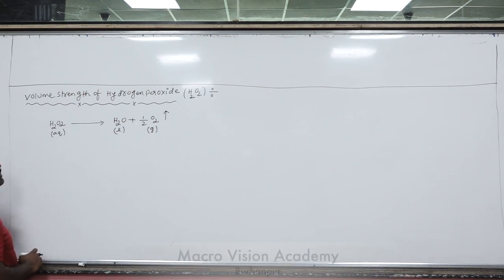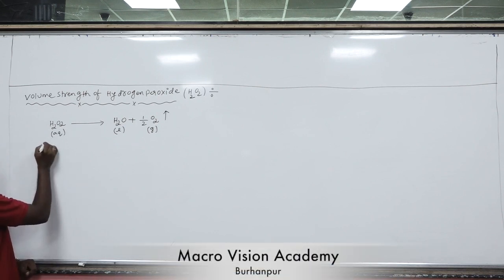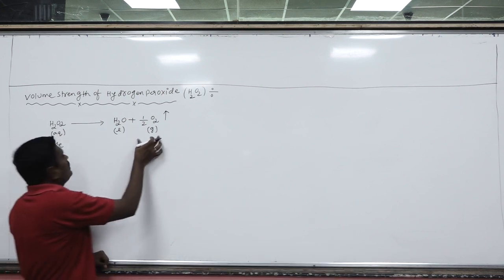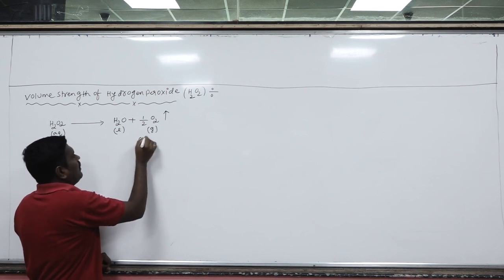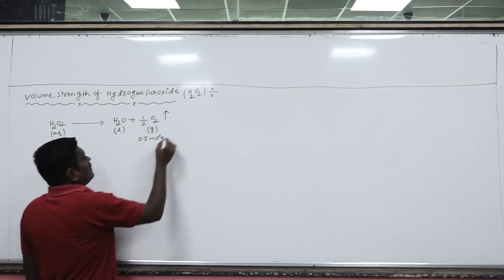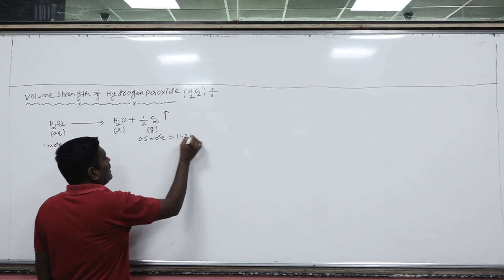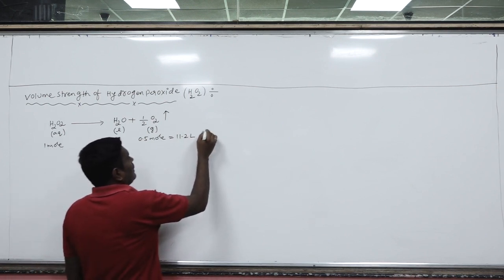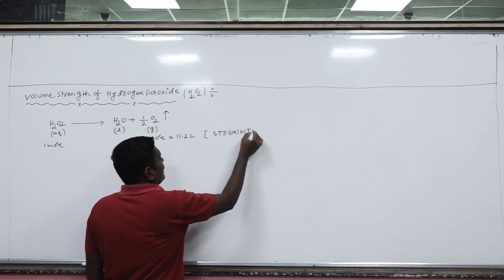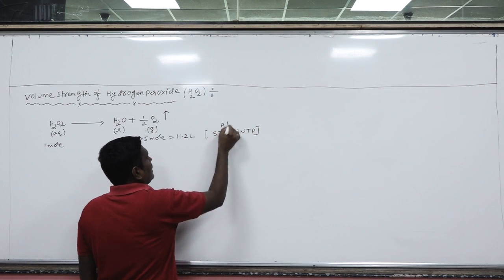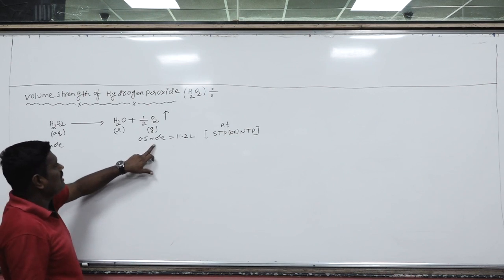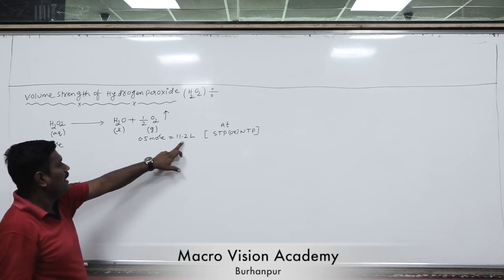Let's suppose I have 1 mole of hydrogen peroxide, which will decompose to give 0.5 moles O2, which is equal to 11.2 liters of volume at STP or NTP, the condition of standard temperature and pressure or normal temperature and pressure. 0.5 moles of oxygen will occupy how much volume? 11.2 liters.